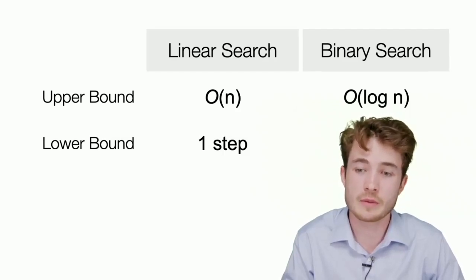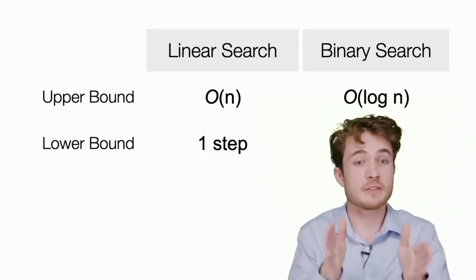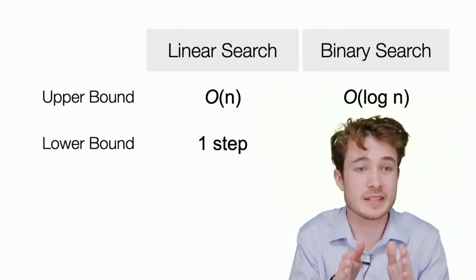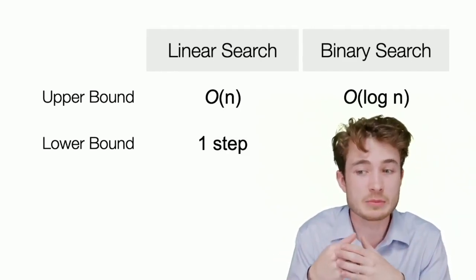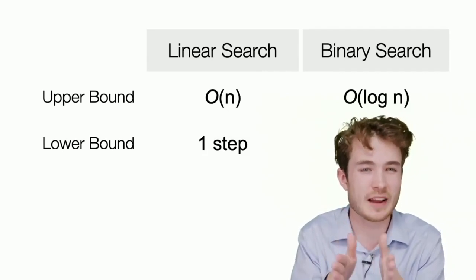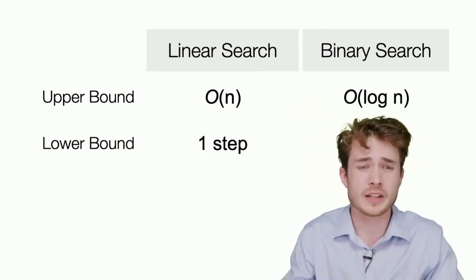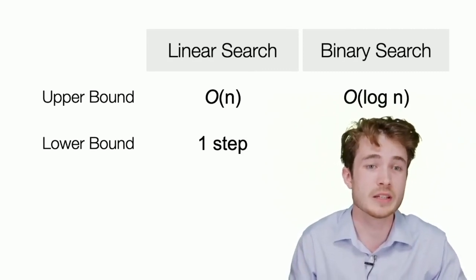Yeah, so maybe with linear search, our element is that very first one at the 0 index, right? In that case, linear search took one step. We can end early. And similarly, for binary search, maybe our element is right in the middle. So we can just go right to the middle and find that element there. So this is why, in the best case, our lower bound for linear search and binary search will be one step.